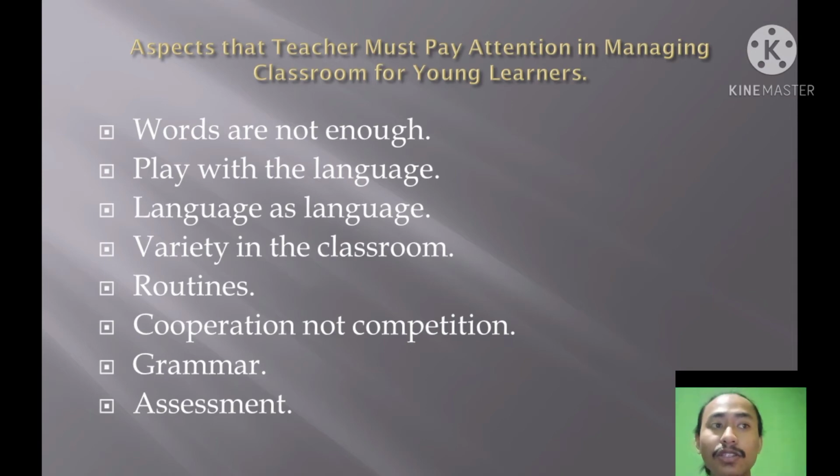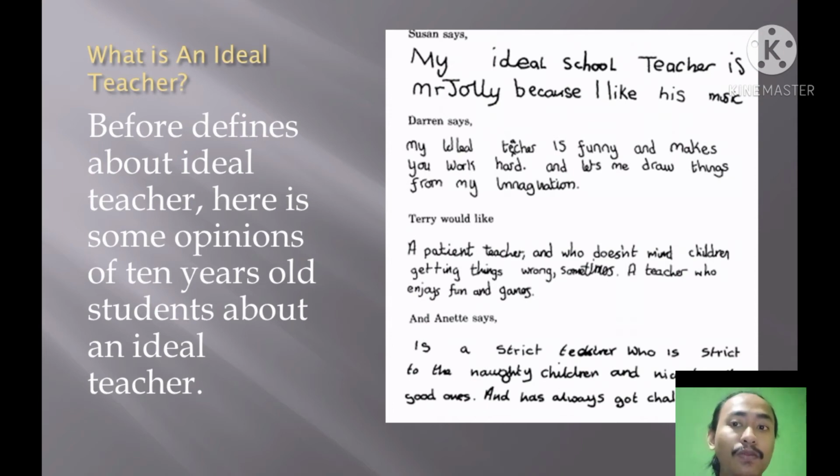About the ideal teacher, let's see examples from some children who share their opinions about the definition of an ideal teacher. The first is from Susan, who said that her ideal school teacher is Mr. Jolly because she likes his music.